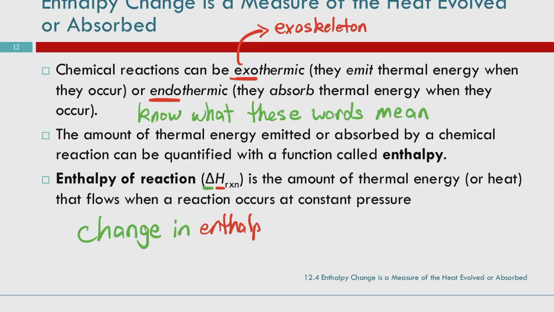It's okay if your brain thinks heat, because I think that's what my brain thinks as well. And then the Rxn, because we're getting a prescription. I'm just kidding, it's of the reaction. So that delta H sub Rxn, the change in enthalpy or heat of the reaction.